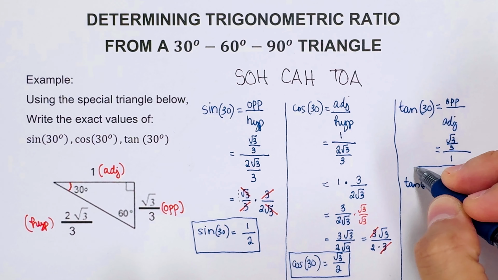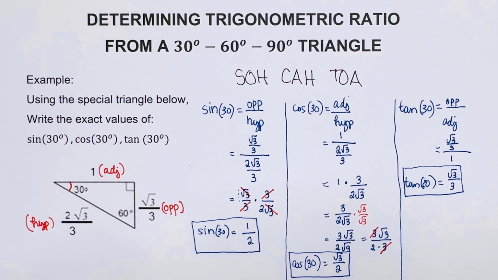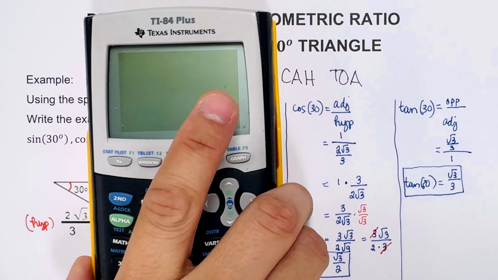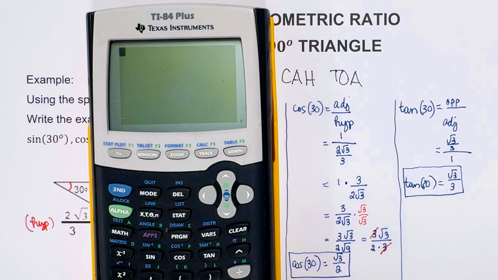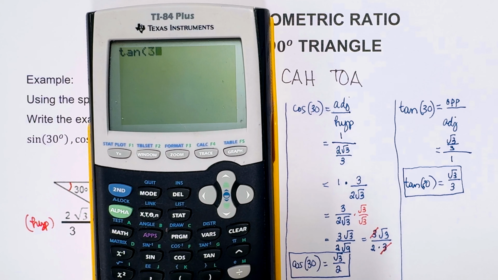So let's see if tangent 30 and square root of 3 over 3 are actually the same. Let's test it using the calculator. So if you type in tangent 30, this is the value that shows up on the calculator. So that's the number that we have. Now let's type in square root of 3 over 3.